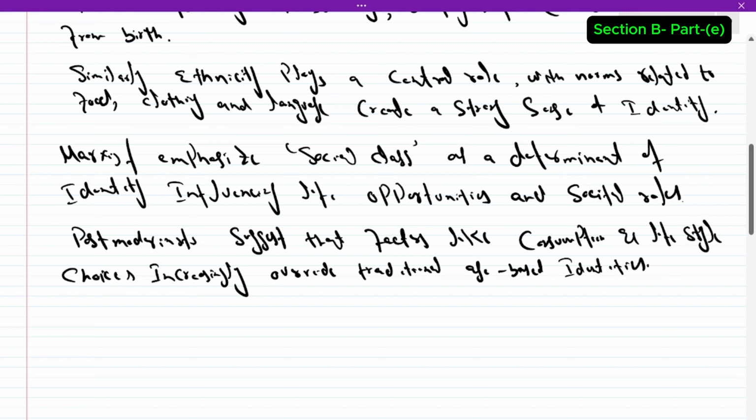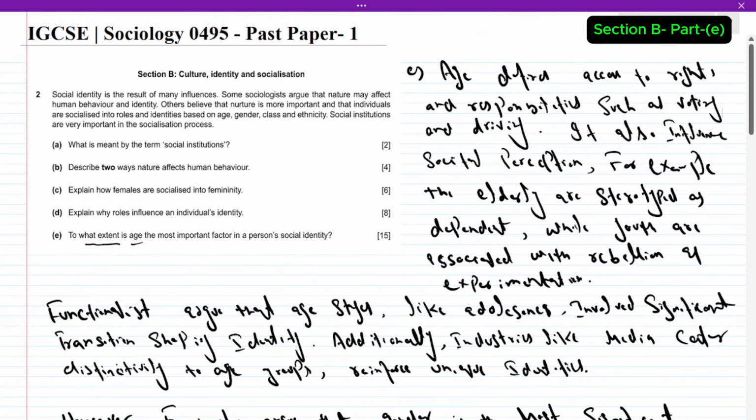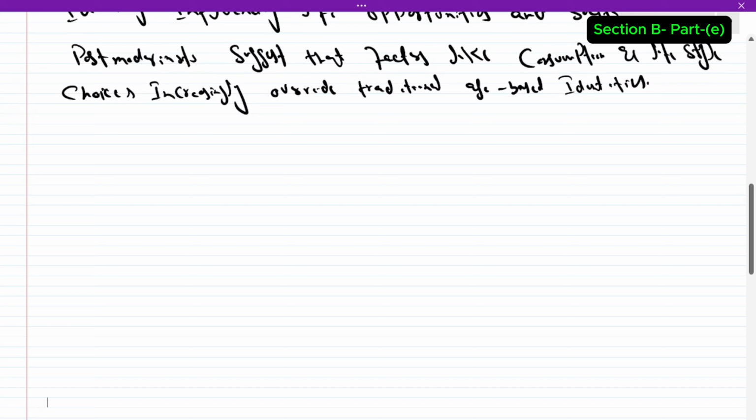Now, what we did so far, we added supportive and opposing arguments. Now we will close our question by providing a proper conclusion. In the conclusion we'll say yes, age is a crucial factor, but to a great extent gender roles and social class are also very important.